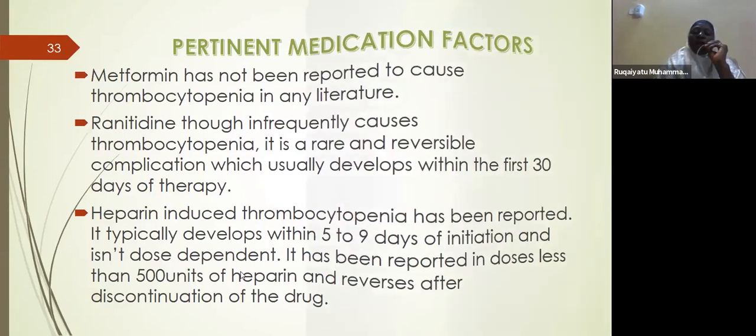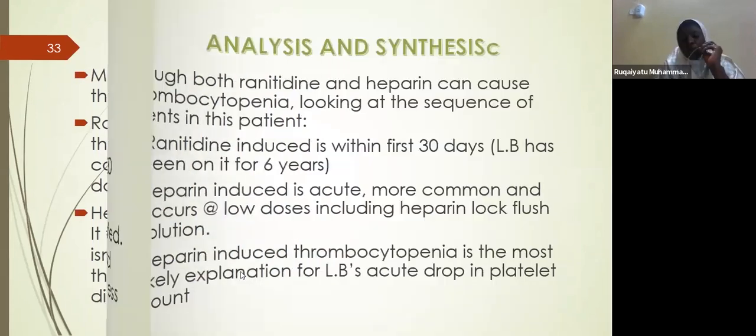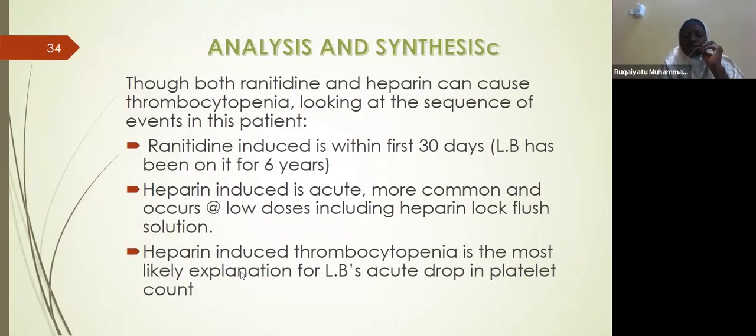So now, analyzing what we've gotten from our patient's folder, from the disease factors and the medication factors, we realize that we've ruled out metformin. So the two drugs now are ranitidine and heparin. Though both of them can cause thrombocytopenia, when we look at the sequence of events in this particular patient, like I said initially, the onset of the thrombocytopenia was acute.